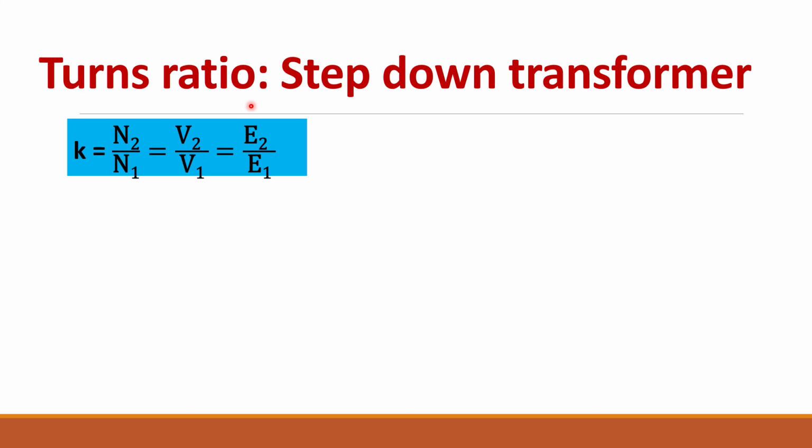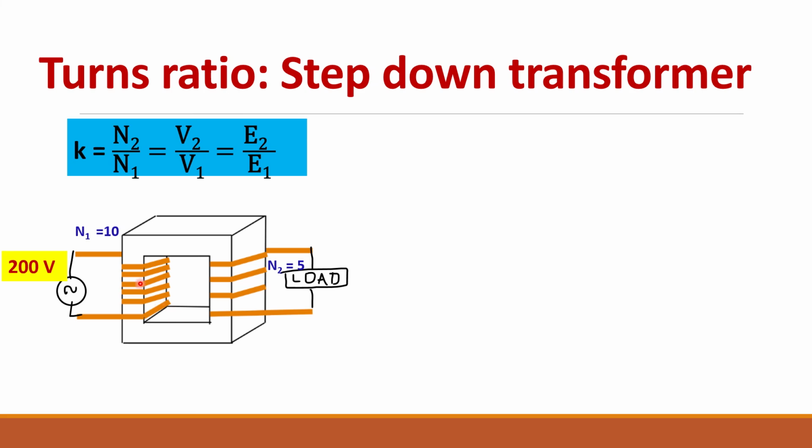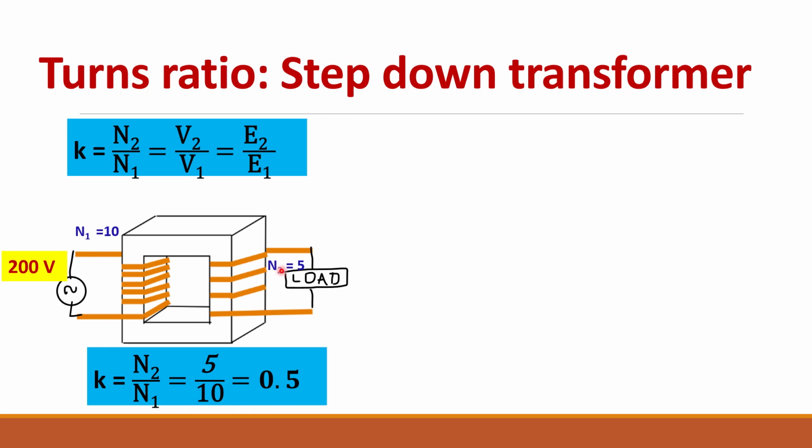Now let us see the turns ratio of a step down transformer. If the number of turns in the primary is 10 and the number of turns in the secondary is 5, K, the turns ratio, is equal to N2 by N1, that is 5 by 10. So the turns ratio is 0.5. You have to remember that in a step down transformer, the secondary turns is less than the primary turns and K will always be less than 1.